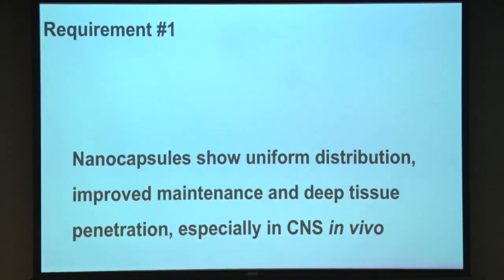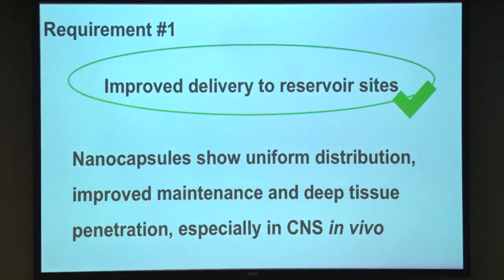So that's a little summary. We can use nanocapsule to deliver things like protein and other things into deep tissue, especially the CNS, the central nervous system. And the first requirement, we can say check.